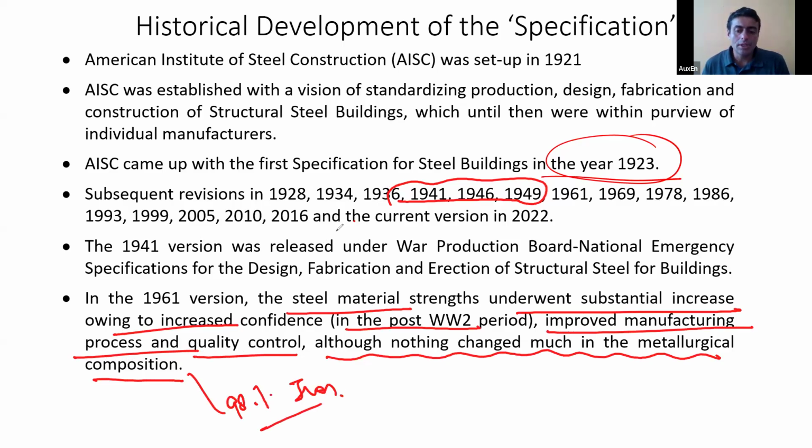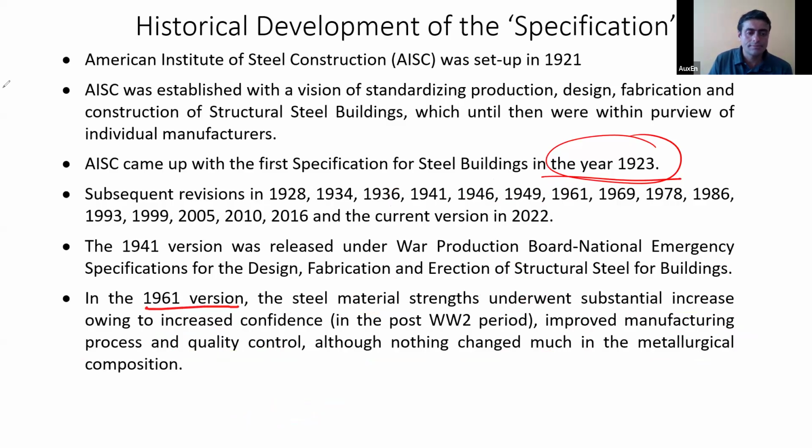Because of the increased confidence, the improved manufacturing processes and quality control, the 1961 version saw a significant jump in the material strength. As I just repeated, from 33 KSI directly to 50 KSI, you were allowed. Quite a significant change came about in the 1961 version.